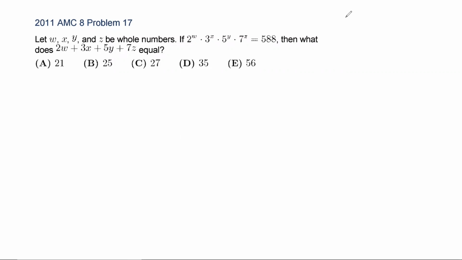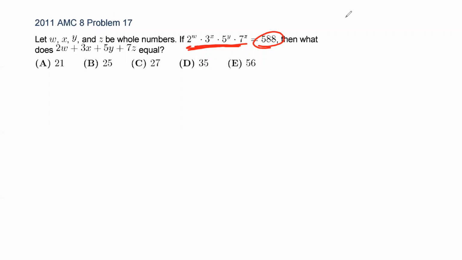So we have one answer already. Two answers. So let me try to start setting up the problem here. Okay, so whenever you're given something that looks like a prime factorization, which is right here, then you should probably be prime factorizing the right side too.